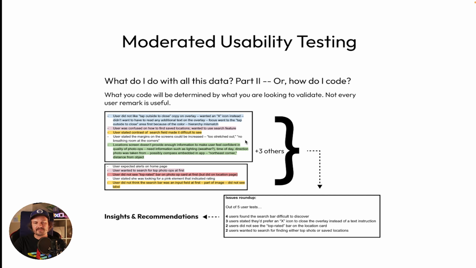By taking the time to code, in this case using colors, I was able to quickly come up with some quantitative data as to what the issues were, which allowed me to focus on what was most important versus what was least important.